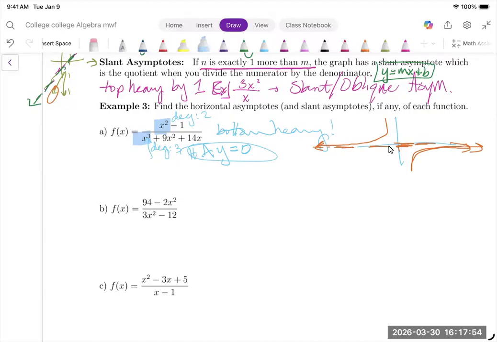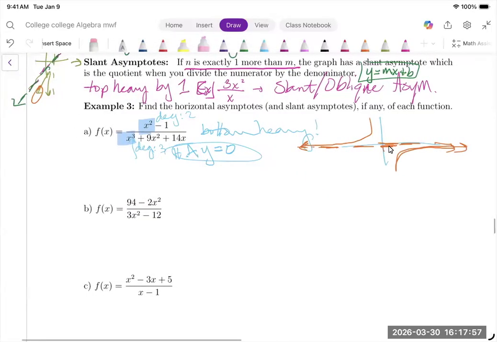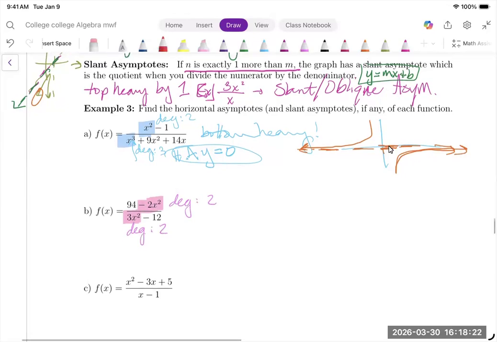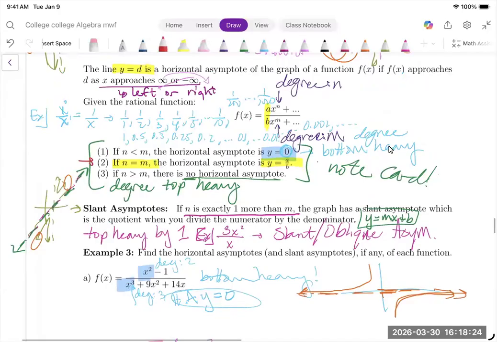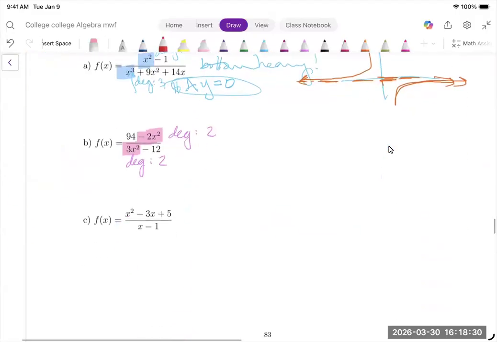Then again, let's get a new color. Look at the leading terms. Remember, just because it's in front does not necessarily mean that it's the leading term. So I have a negative 2x squared and a 3x squared. The numerator is degree 2. The denominator is also degree 2. So the rule says if they're equal, it is the ratio of their leading coefficients.